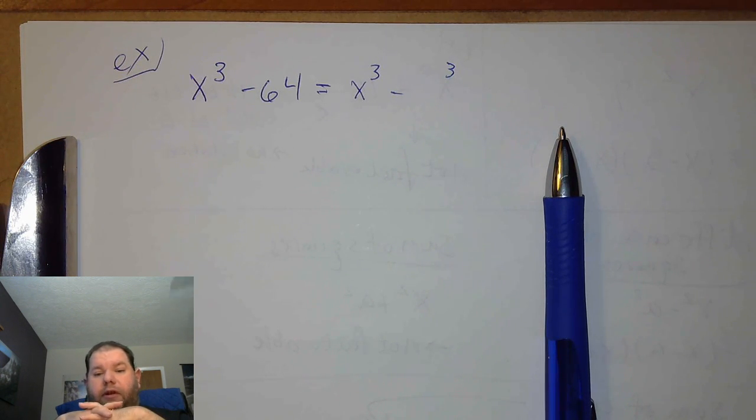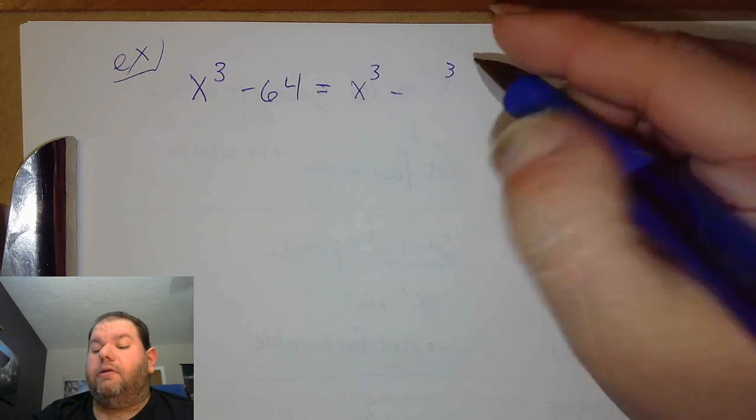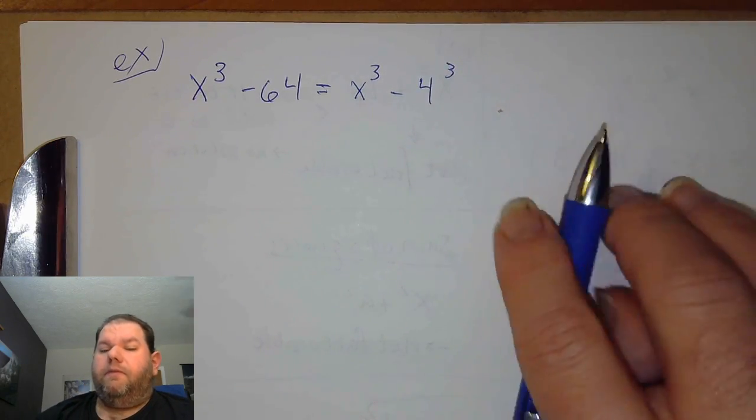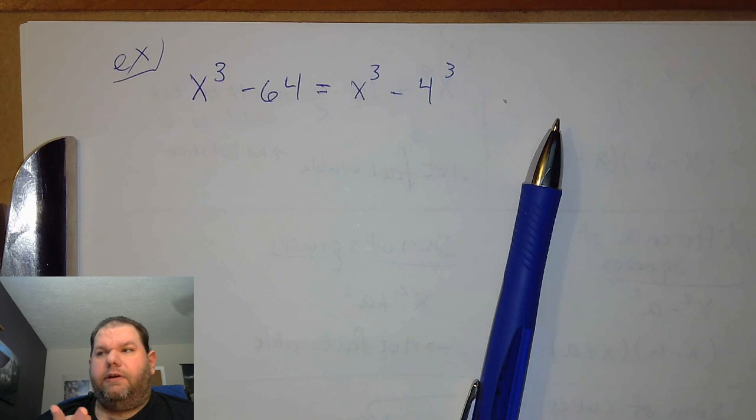So does anyone happen to know what number raised to the third power is equal to 64? It's 4 cubed. Good. 4 times 4 is 16, and times 4 again makes 64.